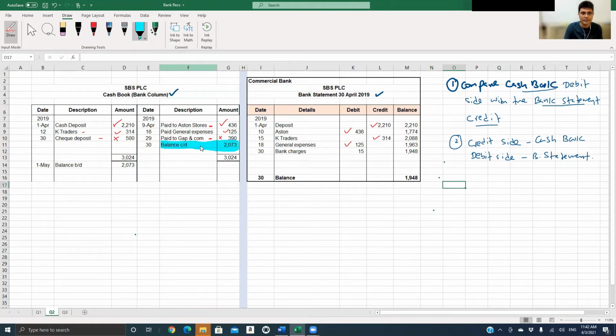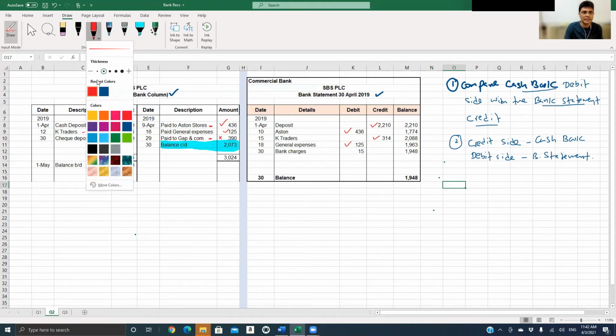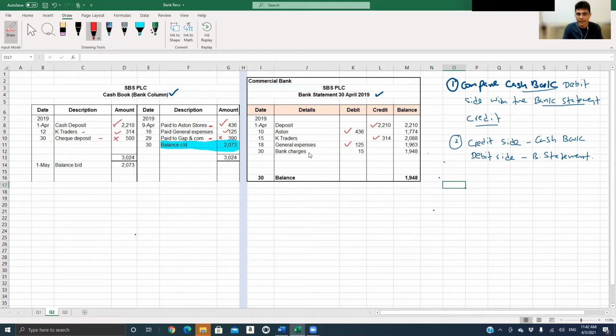How much? 2073. Now, as you can see, in the bank statement, there is an entry. What is this? Bank charges. So what is a bank charge? Why do they charge on our account? What is the reason?